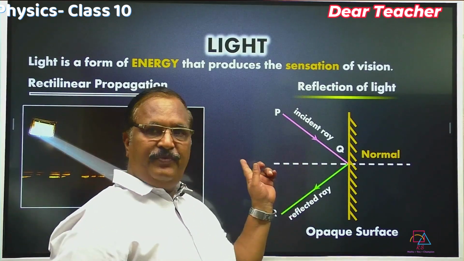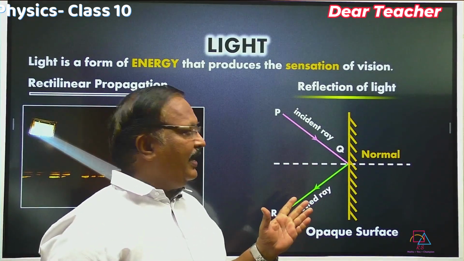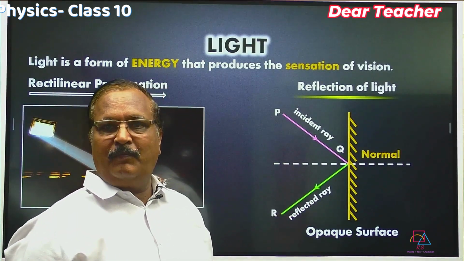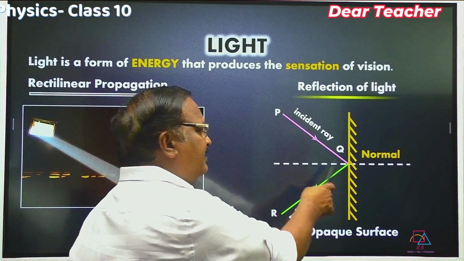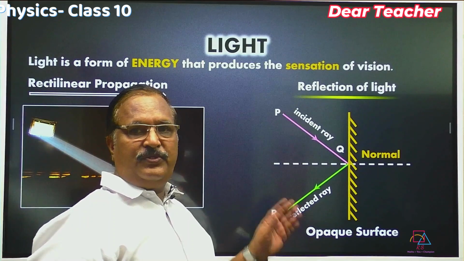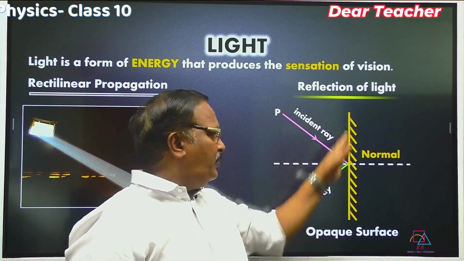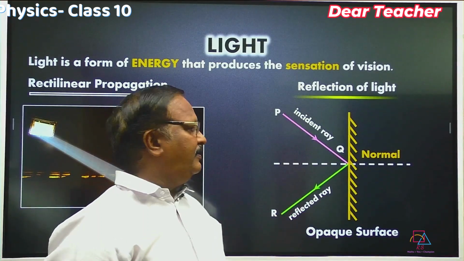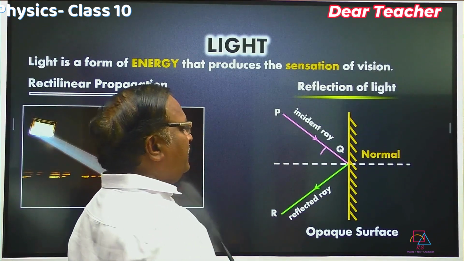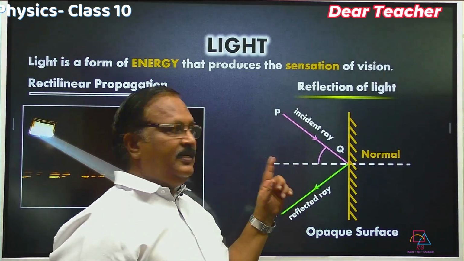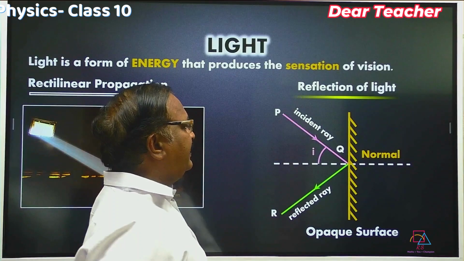At that point, if you draw an imaginary line, this line is known as the normal. So at the point of incidence only you should draw. So Q is the point of incidence. If you draw a perpendicular to this surface, then we call this line the normal, right? Now the angle between the incident ray and the normal is known as the angle of incidence.